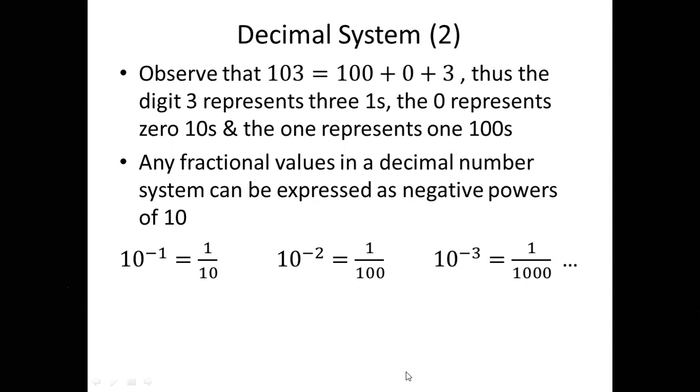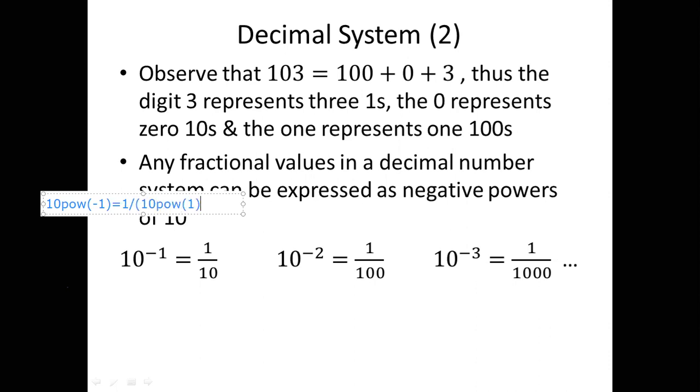So 10 to the power of minus 1 is equivalent to 1 over 10. In other words, given a negative power, like 10 to the power of minus 1, this will be equal to 1 over 10 to the power of 1, right?